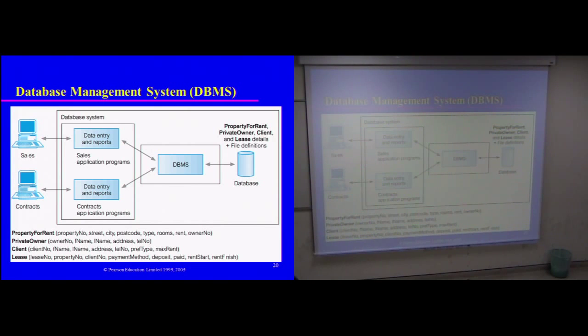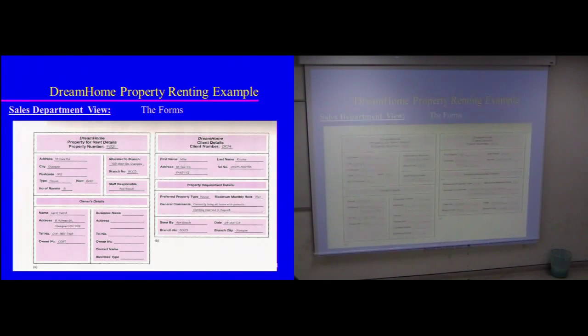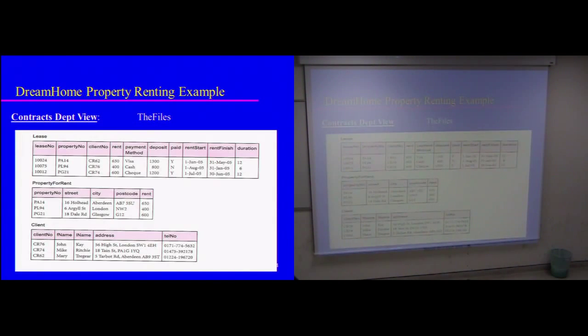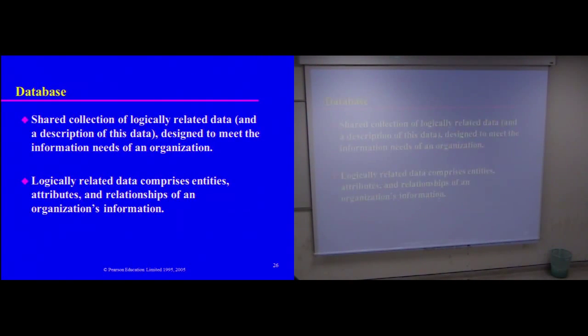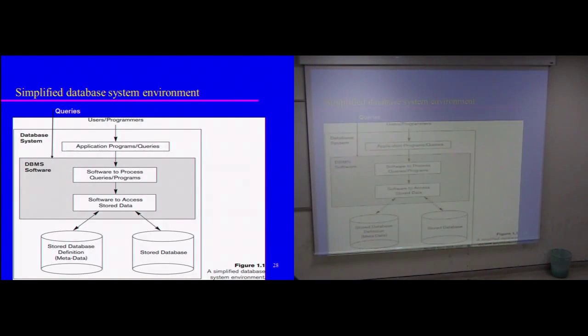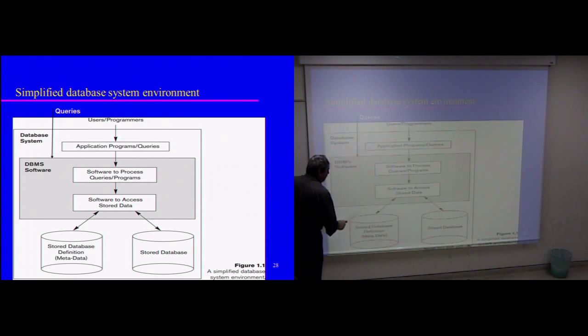In order to do that, the database management system will have to store the structure of the database. This structure is stored in what we call the metadata, or the catalog, the data catalog.